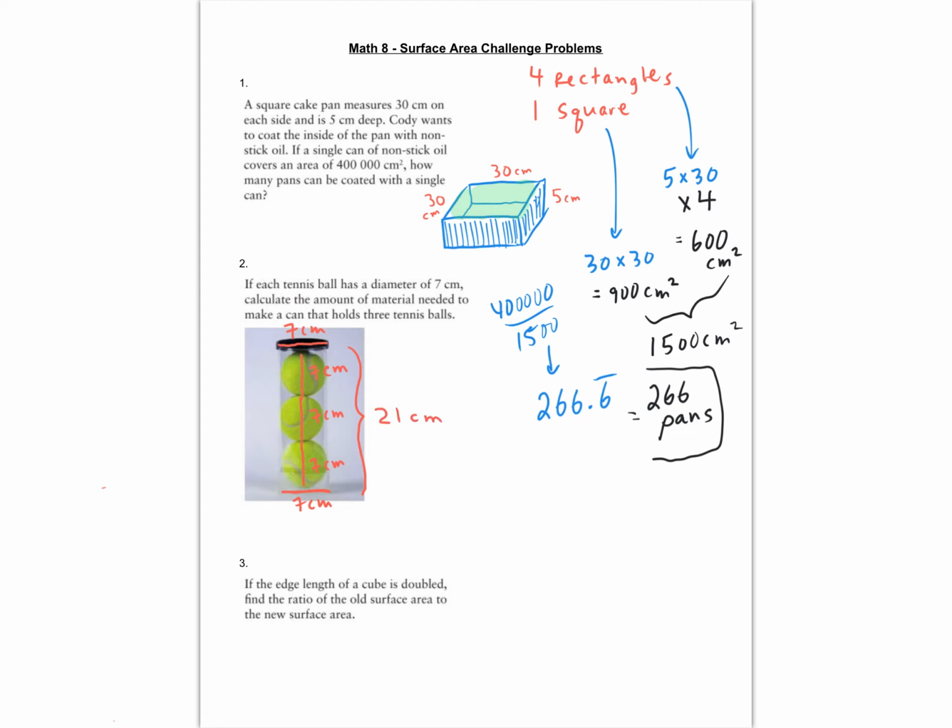Let me just mark that off. There is a cylinder that is 21 centimeters tall, and the diameter is 7 centimeters. So we worked on some stuff like this earlier this week, of what it would take to find the surface area of a cylinder with a diameter of 7 and a height of 21 centimeters.